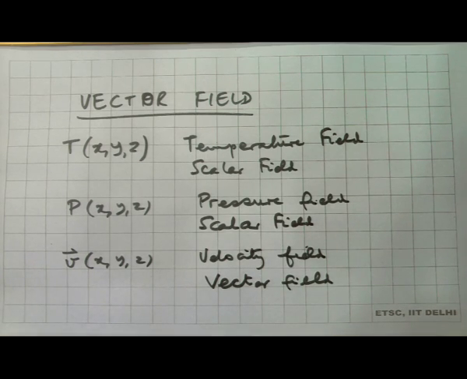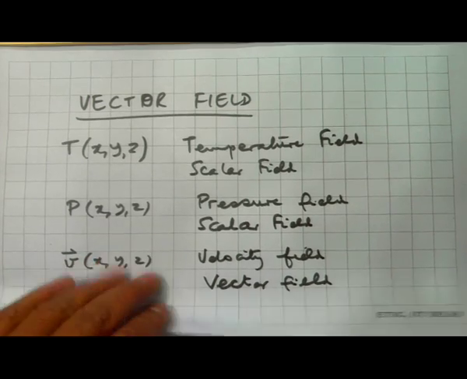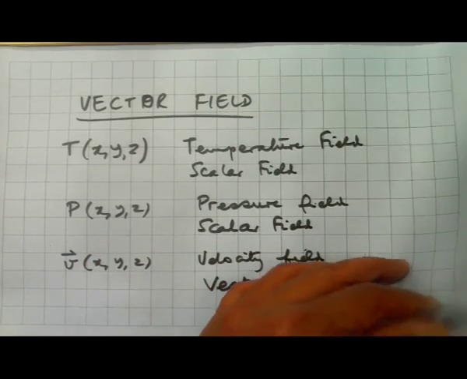So, these are quantities which describe how a quantity like temperature or pressure or velocity depend on position. In fact, they can also depend on time.